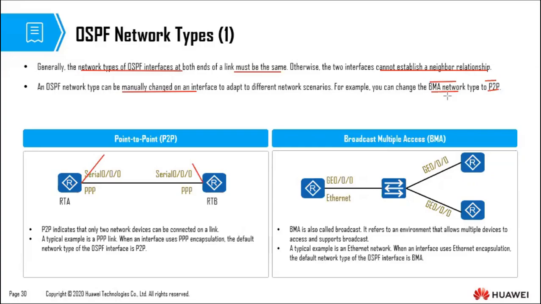Sometimes when we have a direct connection to an ISP, we don't want an election between our router and the ISP's router to have a DR and a BDR. So even though maybe we've connected through Ethernet, which defaults to broadcast network type, we can configure it to a P2P link network type, just to ensure that we don't have an election. Are we together? Because the election will be unnecessary. We don't need it.